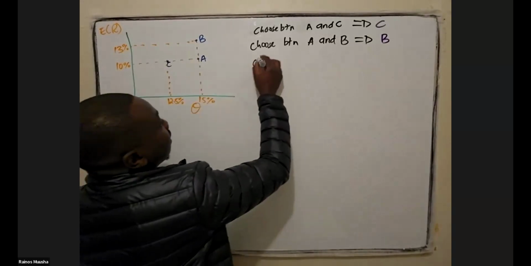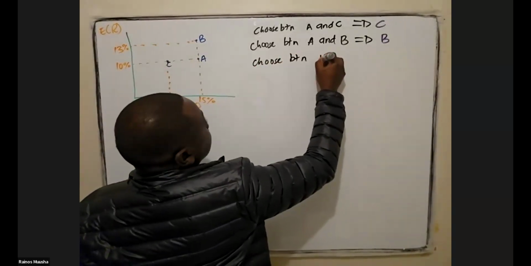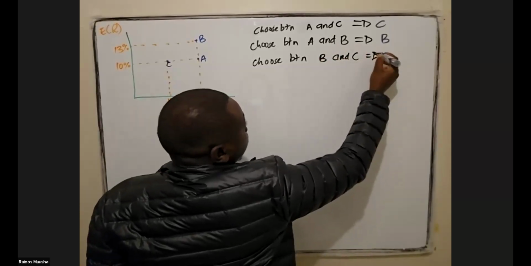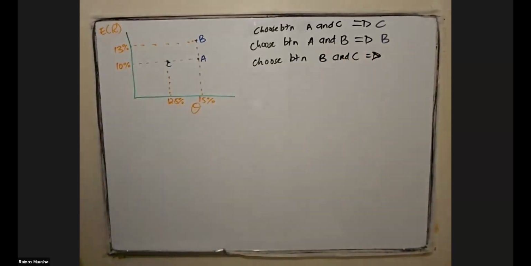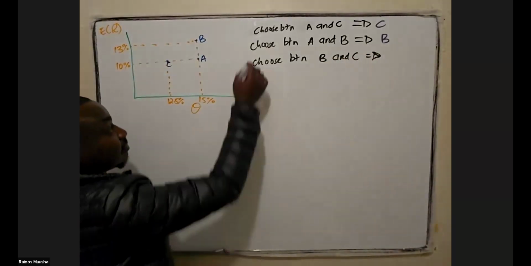Let's say they are asked to choose between investment B and C. Which investment would one choose there? It's not an exact answer. Why?